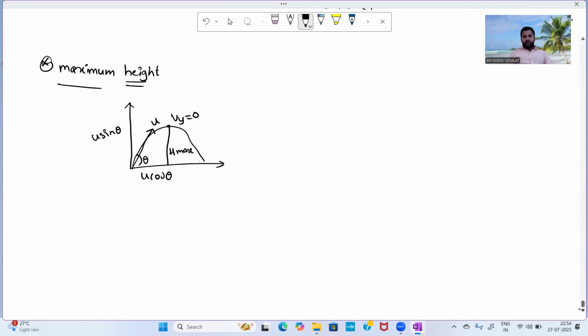So how can we find it? For the maximum height, which component do we need to consider? The perpendicular component, that is the vertical component. For the vertical component we have initial velocity and final velocity. At the projection point, what is the initial vertical velocity? u sin theta, right? We always consider the projection point velocity. So uy equals u sin theta, and acceleration due to gravity in the vertical direction is minus g.